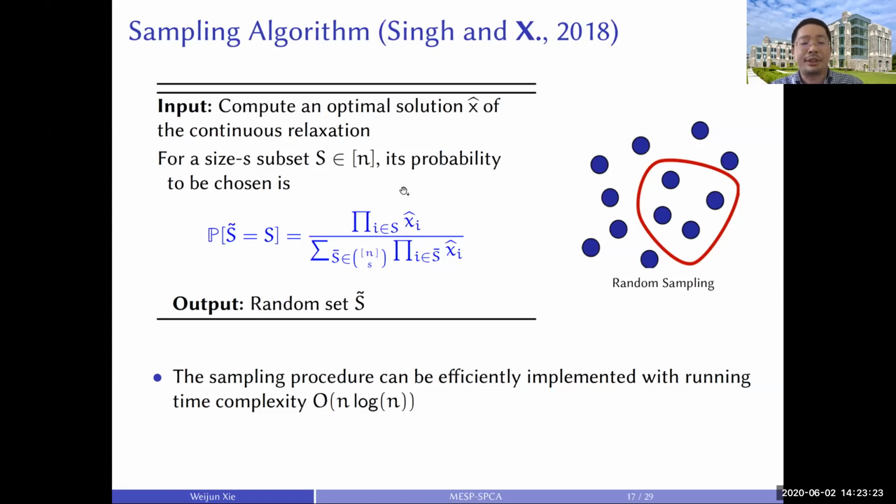When we solve the continuous relaxation, for any subset we take the product of each component from the subset, and then we normalize by the sum of all the products together. This sampling scheme is quite useful for these types of models, and the sampling procedure can also be computed very efficiently by computing the coefficients of some polynomials, so we can compute this in a very fast way.